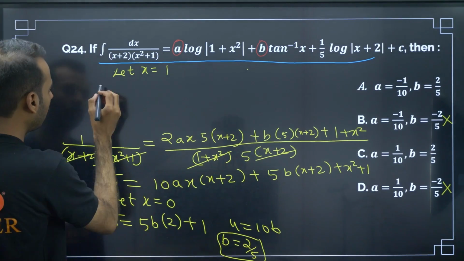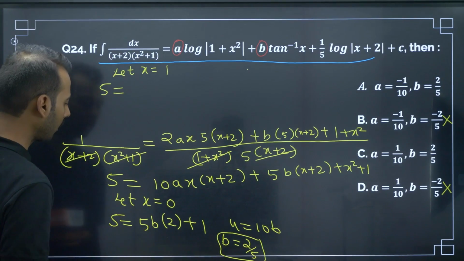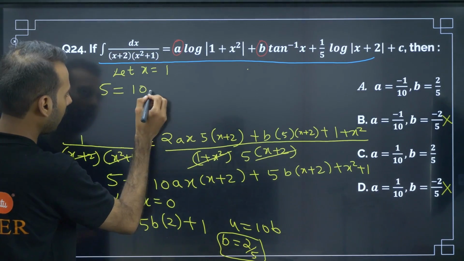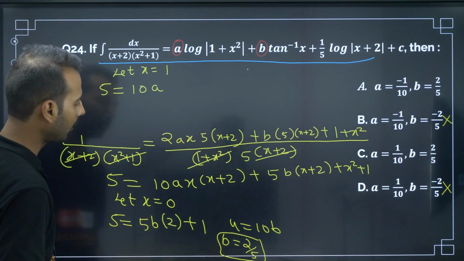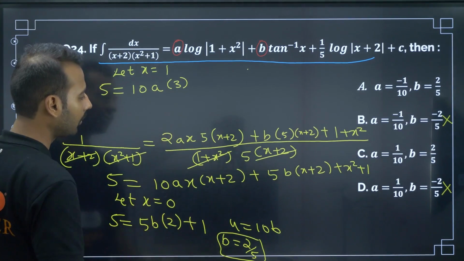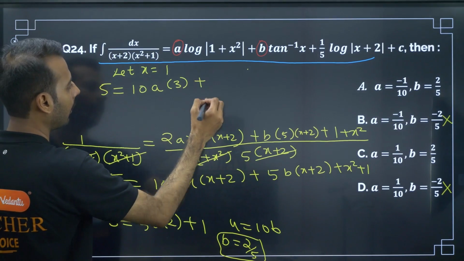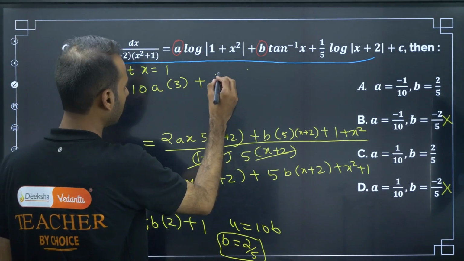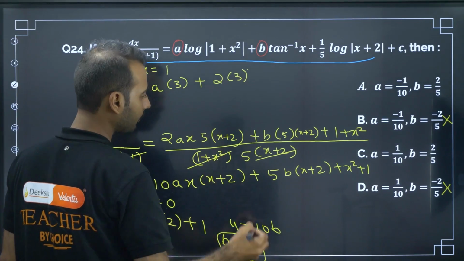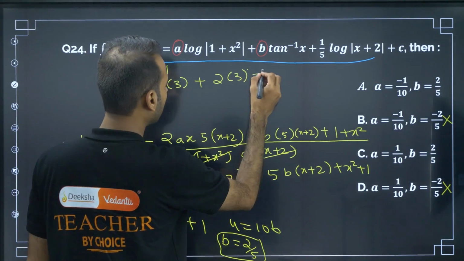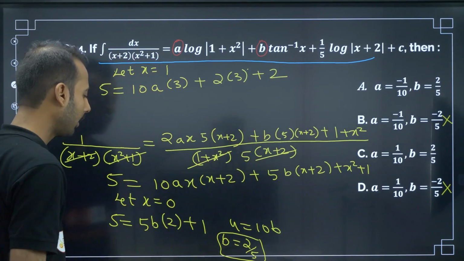Here we are having 5 is equal to 10a, x is 1, x plus 2 so this is 3, plus 5b, b is 2 by 5 so 2, and this is 3, plus 1 plus 1 is 2, so 10a.